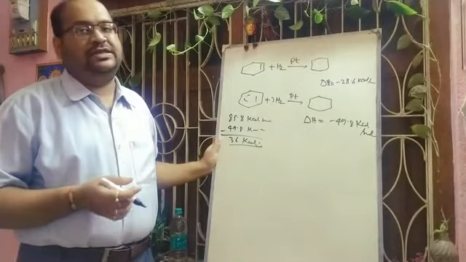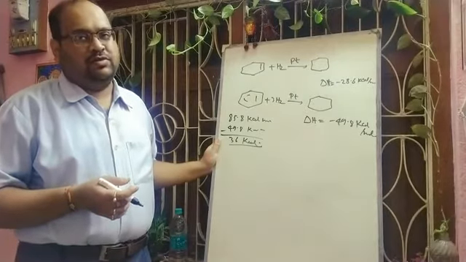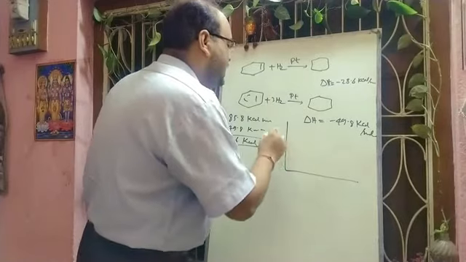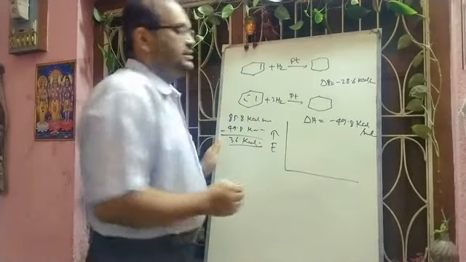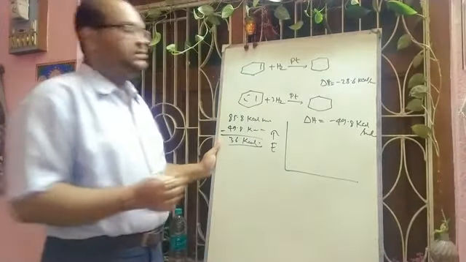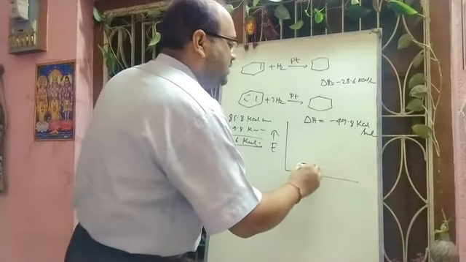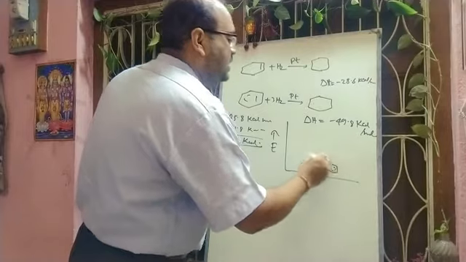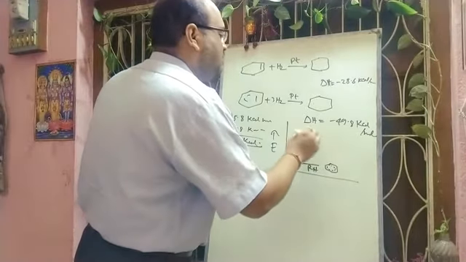The resonance energy for benzene will be 36 kilocalorie per mole. If I show you the structure, then you can easily understand. This is the energy diagram. This is the position of the resonance hybrid of benzene. This will be the structure of the resonance hybrid like this, and this is the most stable canonical form.